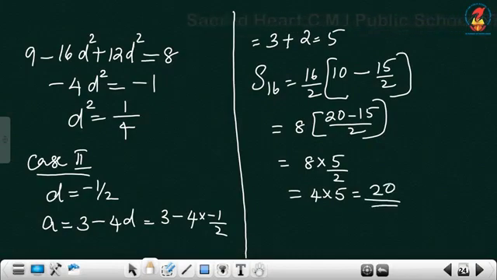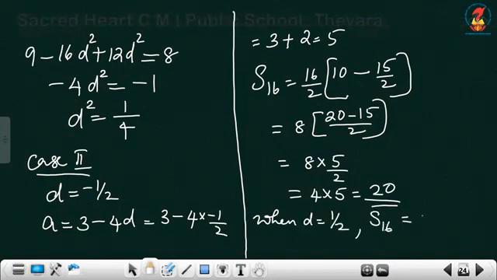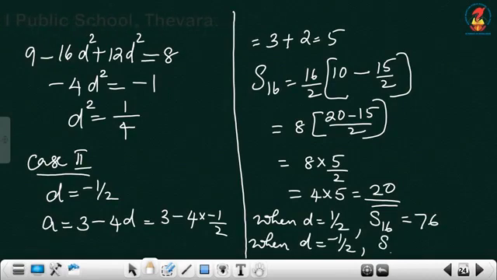So, the final answer is: when D is equal to 1 by 2, S16 is equal to 76. When D is equal to negative 1 by 2, S16 is equal to 20. This is the final answer.